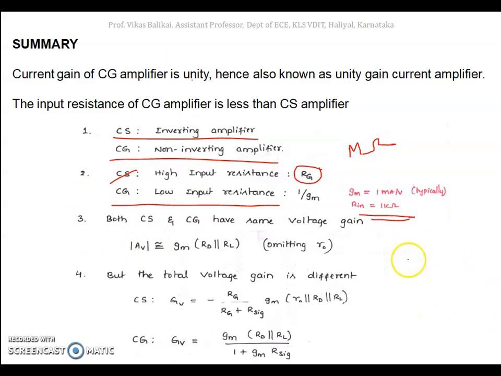Again, when I look into the voltage gain, common source and common gate amplifiers both have the same voltage gain, but the overall voltage gain of common source and common gate are somewhat different. So these 4 points are to be remembered whenever we compare the common gate and common source amplifiers.